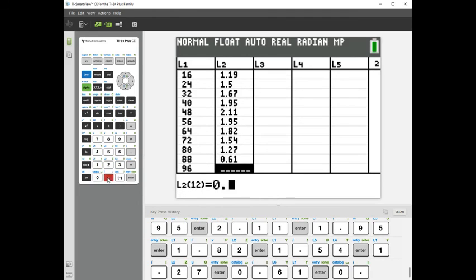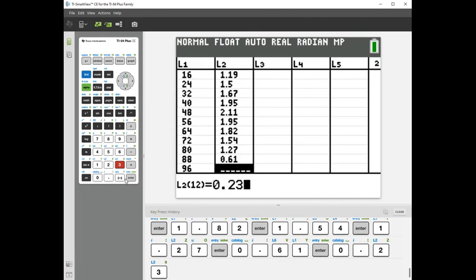Last one is 0.23. Enter. Be careful with all those decimals.